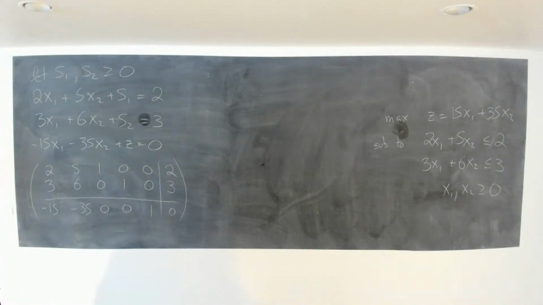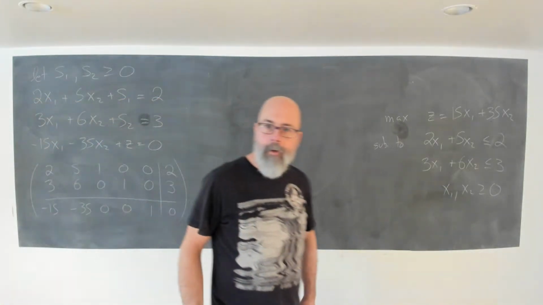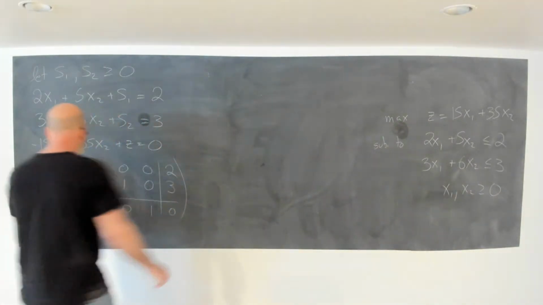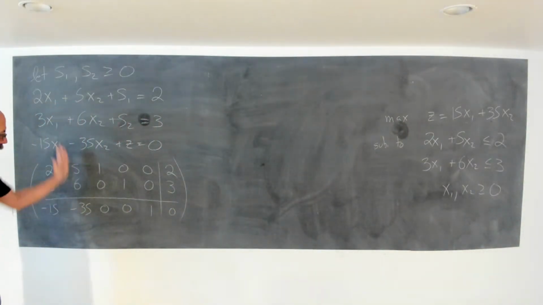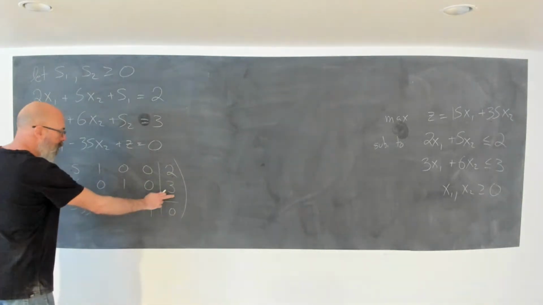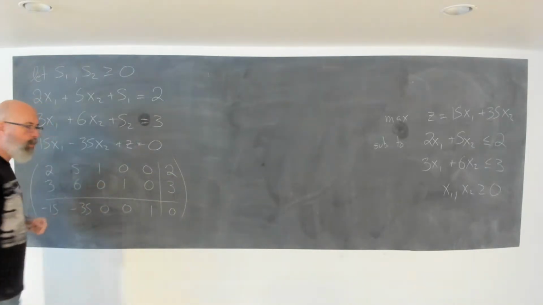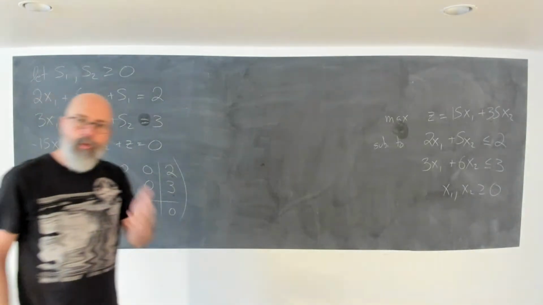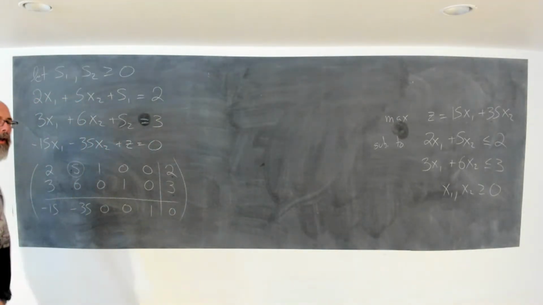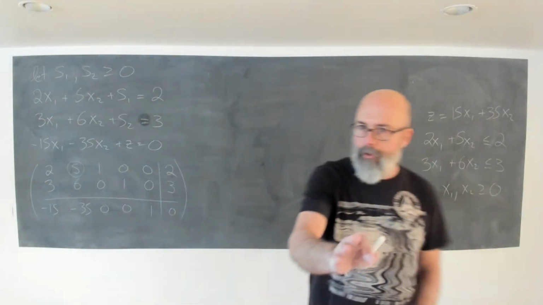Why are we getting the pivot wrong? 5, thank you. Right, it's the smallest quotient. First of all, pivot lives in this column. So we had the column right. 2 divided by 5 versus 3 divided by 6. So 0.4 or 0.5. The 0.4 is the smaller of the two. 5 is the pivot. Is that clear, everyone?